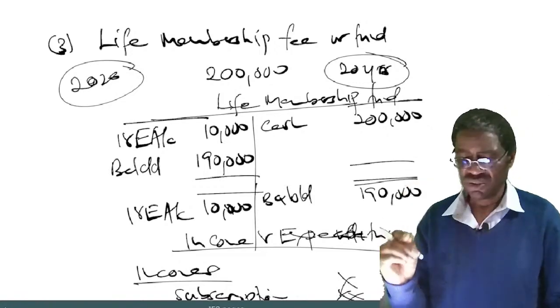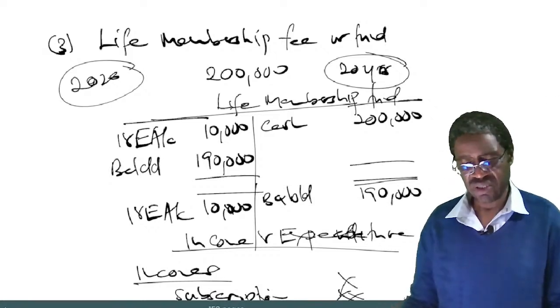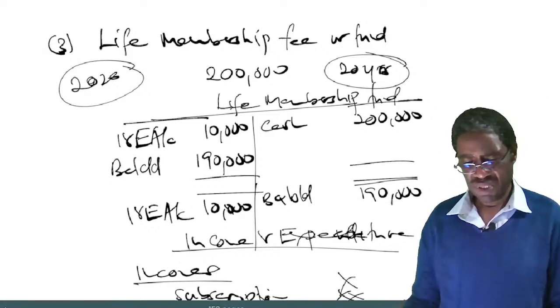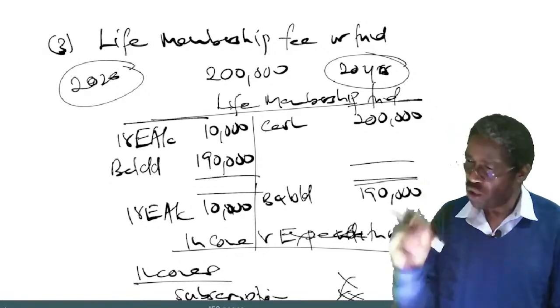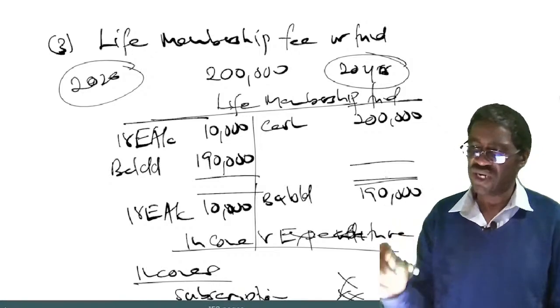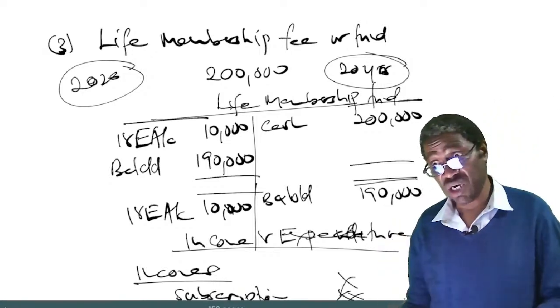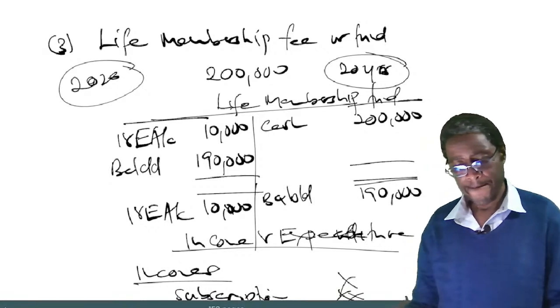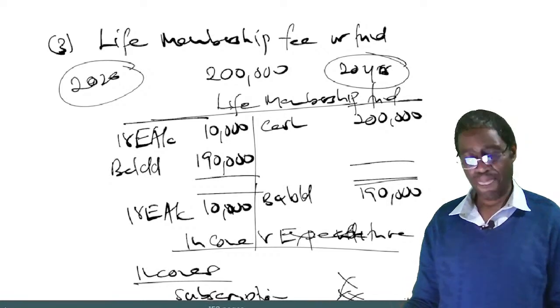The whole amount should not be recognized as an income in the income and expenditure account. Full stop. Go on.